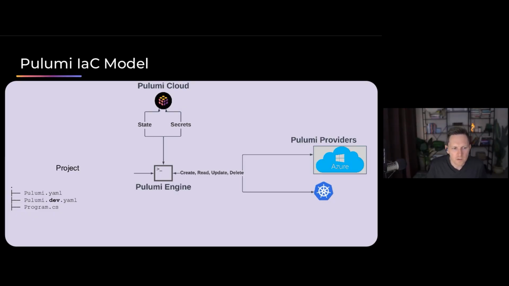So when you add a new piece of infrastructure to your program, it's going to do a diff off of what it knows to be in Azure, and then decide whether it needs to do a create, read, update, or delete. And that Pulumi preview that I showed was comparing the state, showing I need to create this, this, and this.